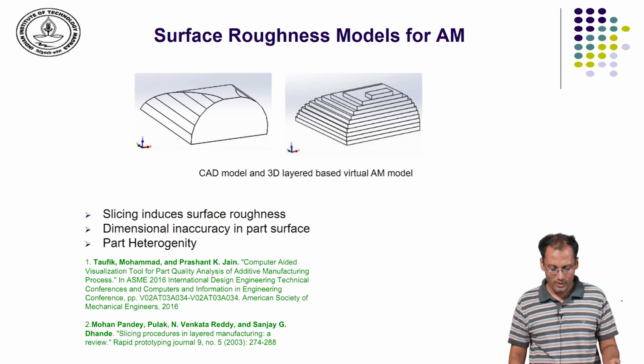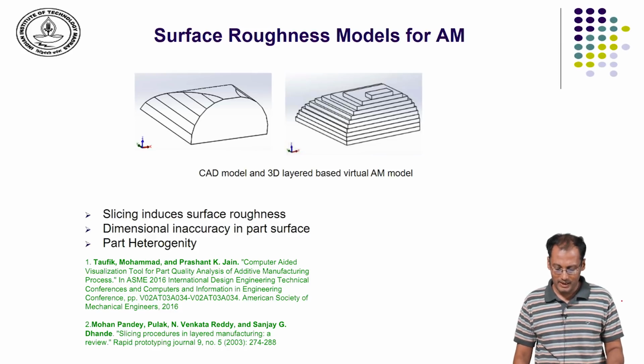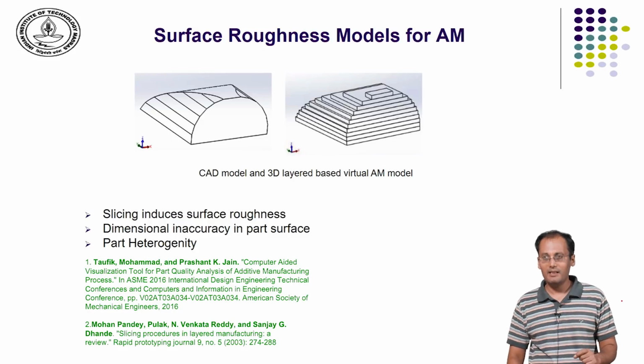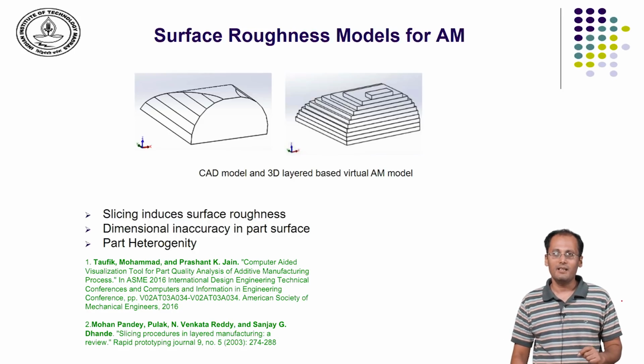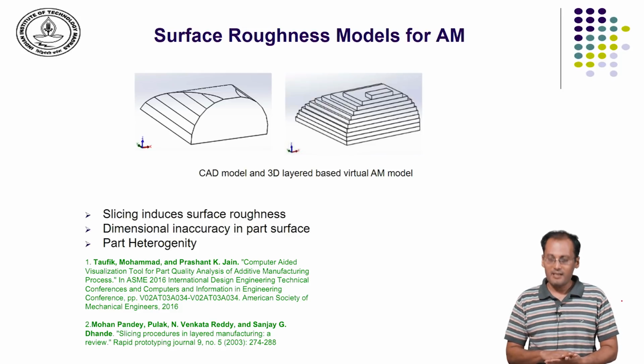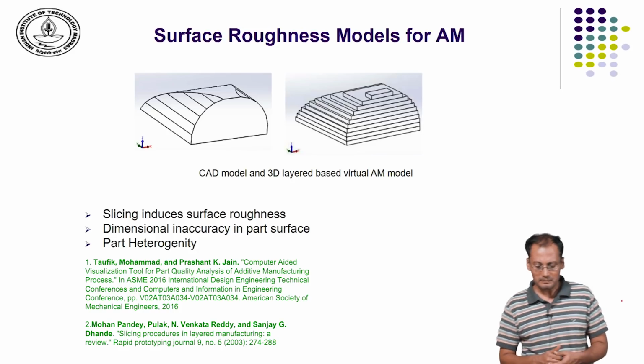To the left you see the CAD model or the design that we are interested in fabricating. To the right you see the approximation created by the layering effect, because we are now stacking 2D layers. The model is essentially 2.5D. There is a discontinuity in the build direction, which is typically the Z direction.